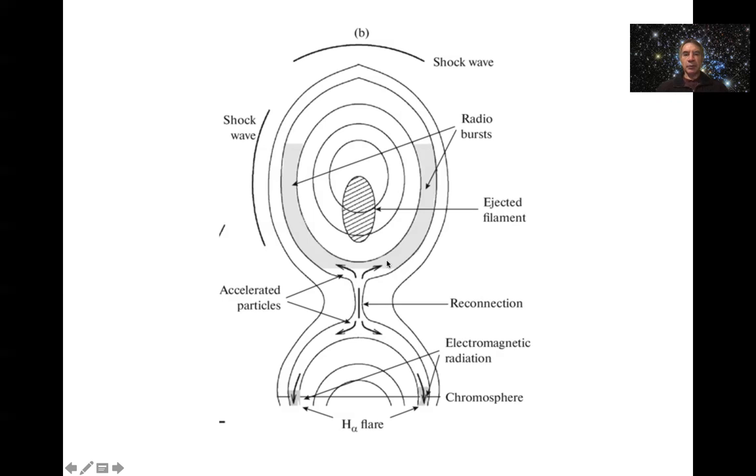But from a radio point of view, most of the radio emission is coming this way. We get the electrons flying up rapidly around these loops, and it's those accelerated electrons that are giving rise to a lot of this very short burst of radio emission. And here's the ejected dense filament of gas, but there's very low density in here, so very hot, very low density.